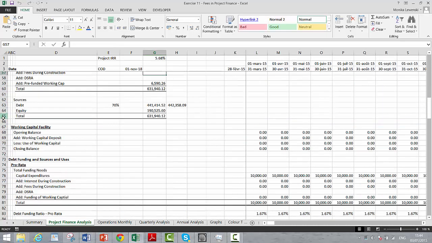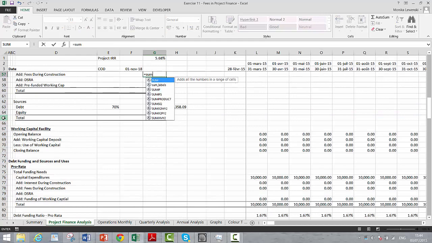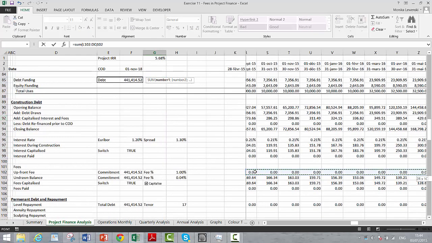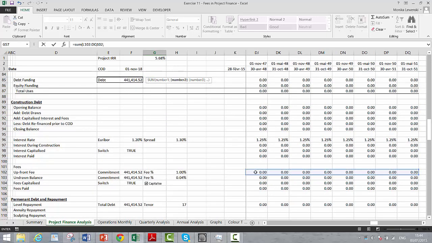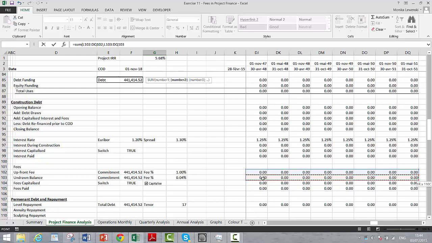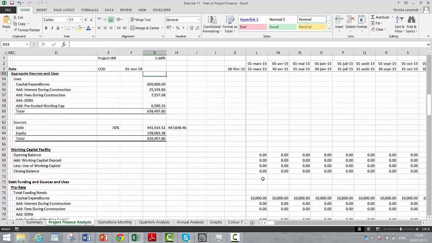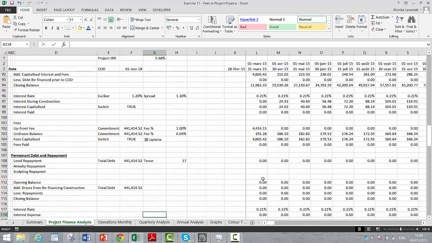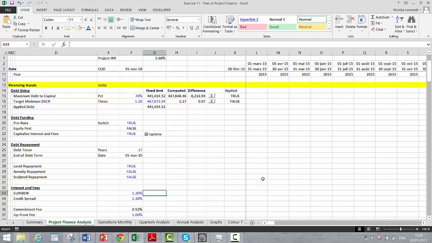And what I just did won't work because we have those lines. Shift Control R, and Shift Control R. Okay, I suppose we could have done it with the next 2. So those are fees during construction. We still need to add the debt service reserve account, which is another kind of problem, and I think we're okay, except for one little other thing.